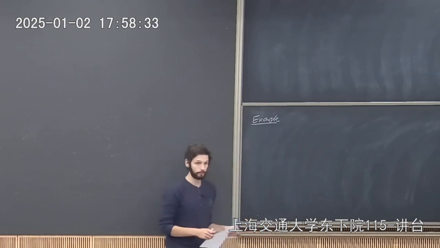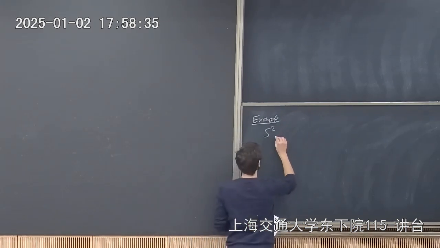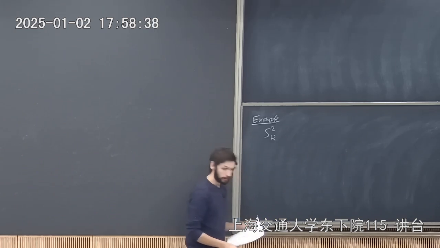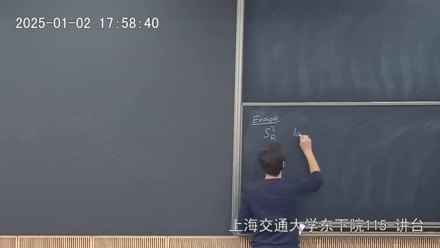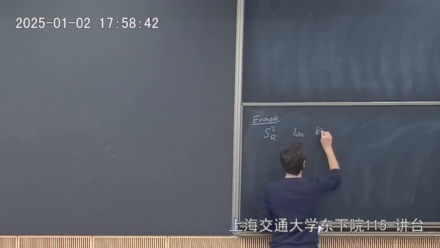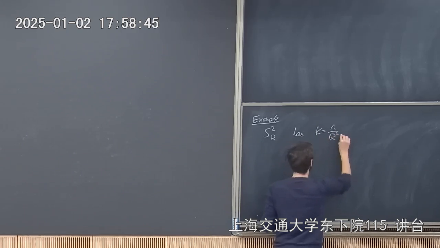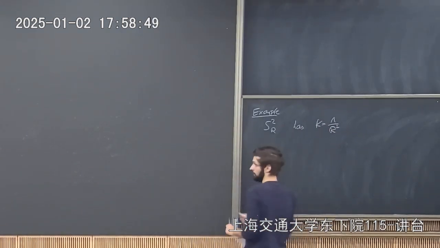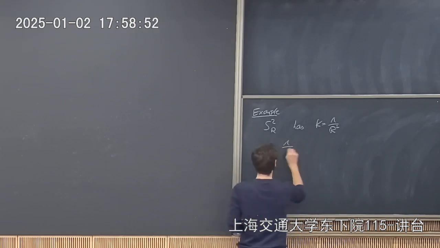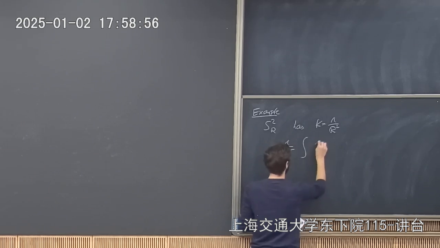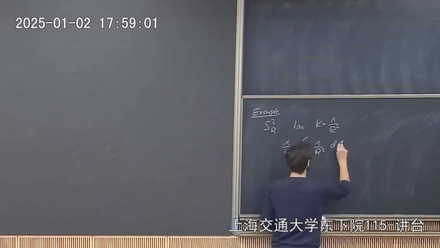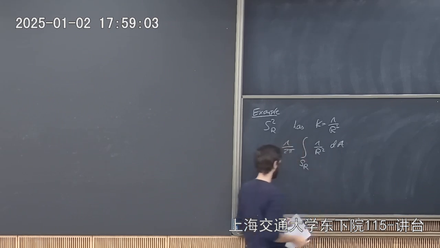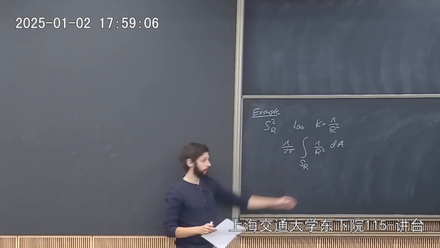The simplest example is the sphere of radius r. In that case, we have the Gaussian curvature to be just 1 over r squared, which we had quite often. So what we get on the left-hand side is 1 over 2 pi, integrated over 1 over r squared dA, and we integrate over the sphere of radius r.